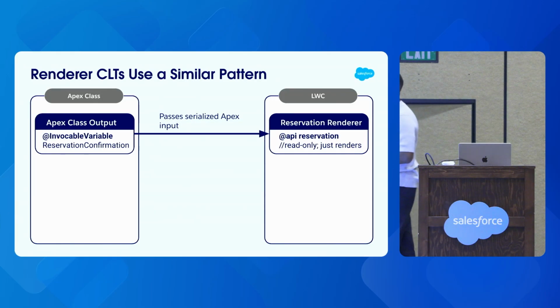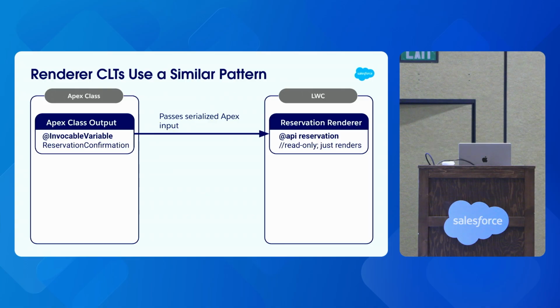So remember when I said that custom Lightning types, whether you're doing an editor to accept information or a renderer to show information, are 90% the same? I really mean that. So you're going to have your Apex class that defines the data shape of your output, right? And then you're going to have your Lightning Web Component that renders the data from that output.